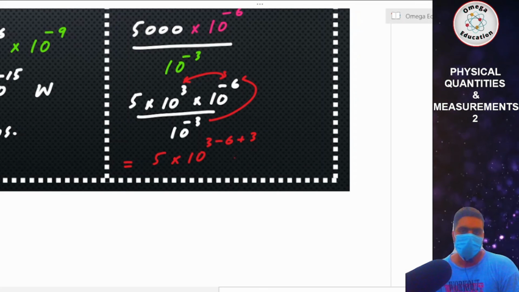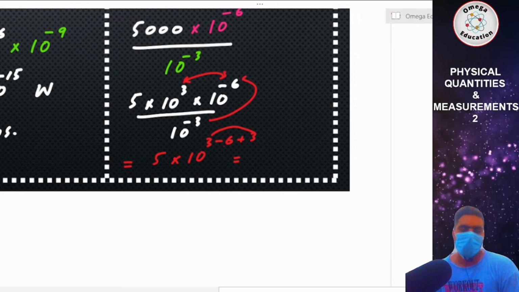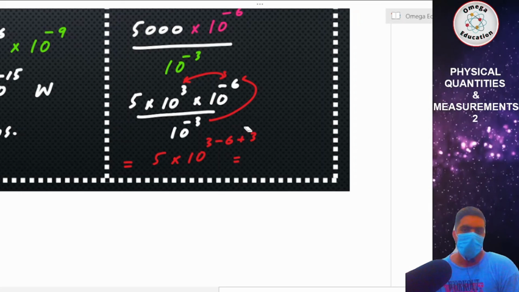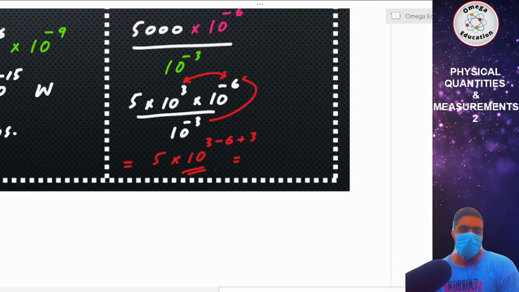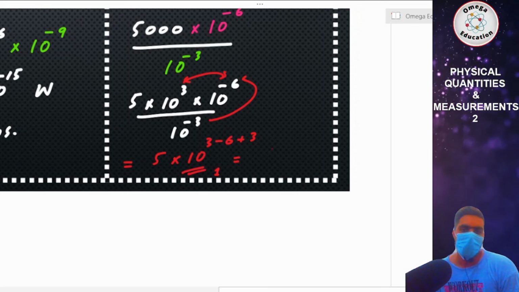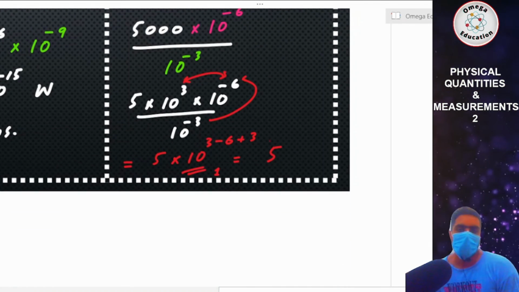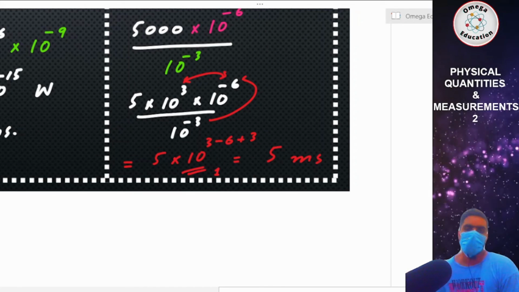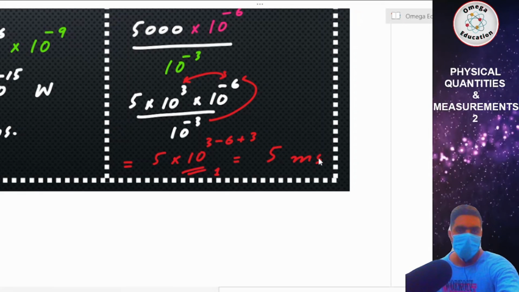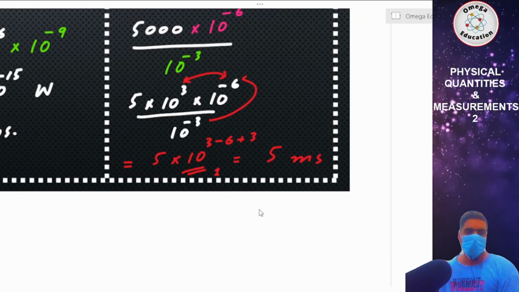So 3 plus 3, 6, 6 minus 6, 0, 5 into 10 to the power 0, this whole thing 10 to the power 0 equals 1, then 5 into 1 equals 5, and our answer this time was in millisecond. Do not forget to write down the proper unit with the proper prefix, because that was part of the question that you need to convert your final answer into millisecond.